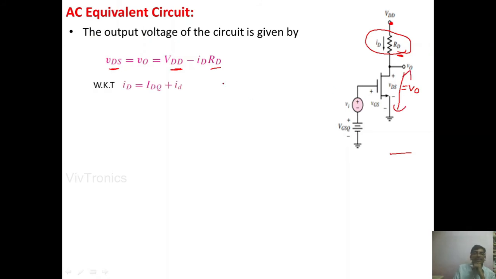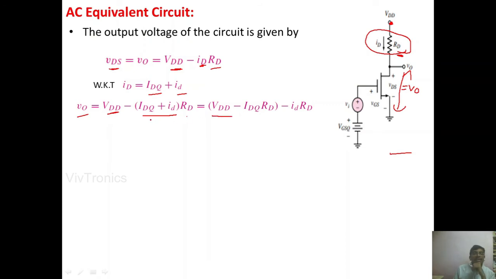Similarly, we know that the drain current ID is a function of a DC component plus an AC component. Therefore, the above equation can be written as V0 is equal to VDD minus the DC component plus AC component, into RD, separating the DC terms and AC terms.